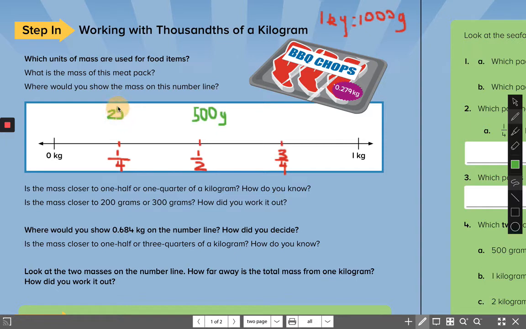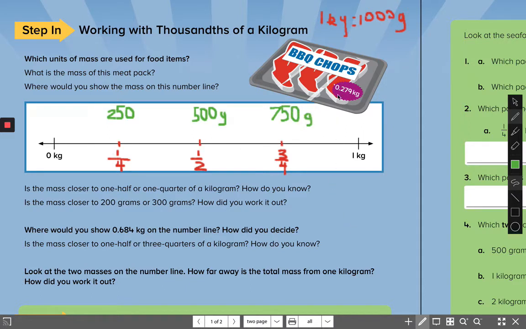Why? Well, because 1/4 of 1,000 is 250. And 3/4 is going to be 750 grams. Okay. So now we have written these values on this number line.